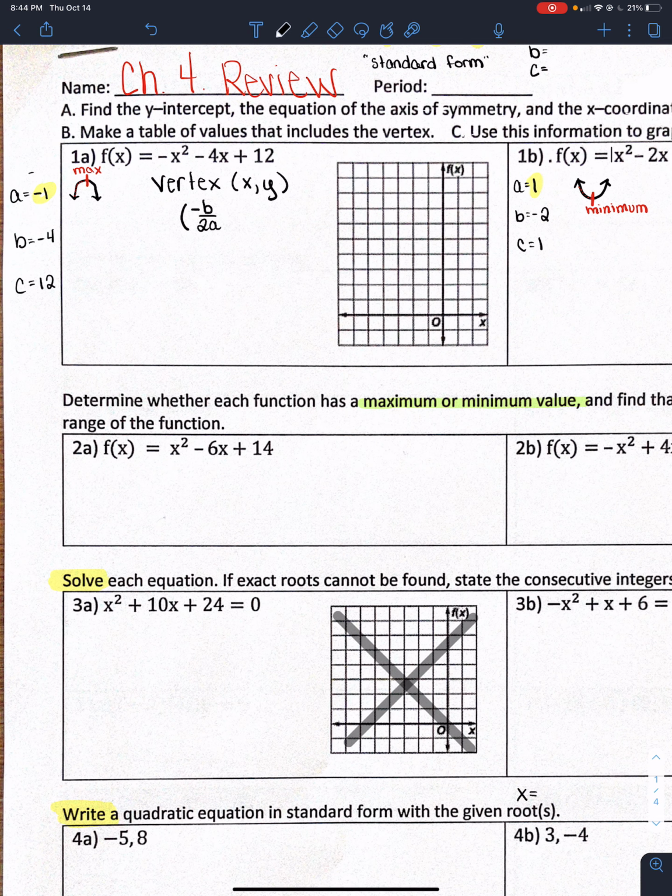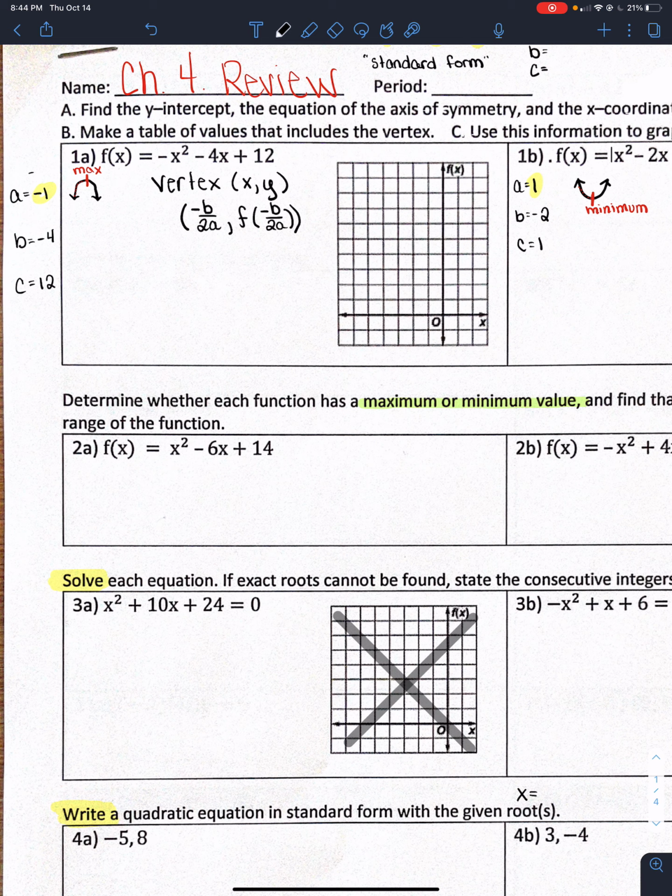Once we find the x value, we are going to substitute it back into the equation and find the value of y. So just take whatever x is, plug it back into the equation, and find y.